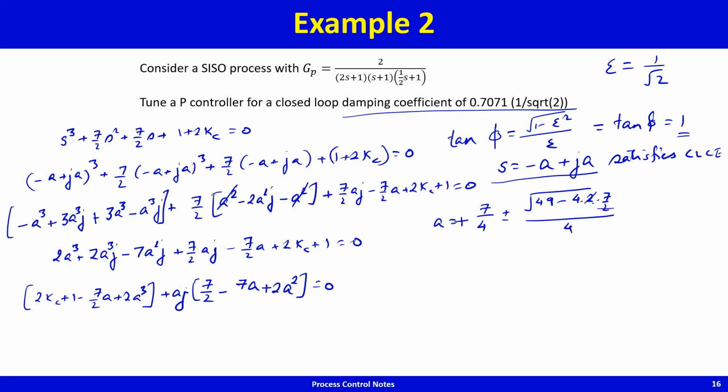So we get 7 by 4 plus minus the square root of 49 minus 28, so that's 21, all divided by 4.